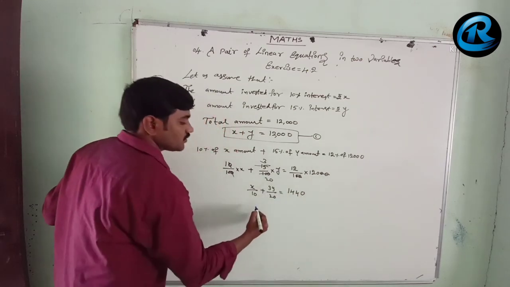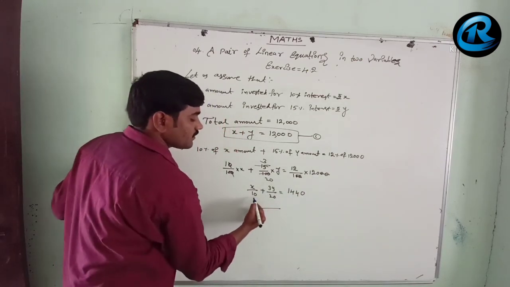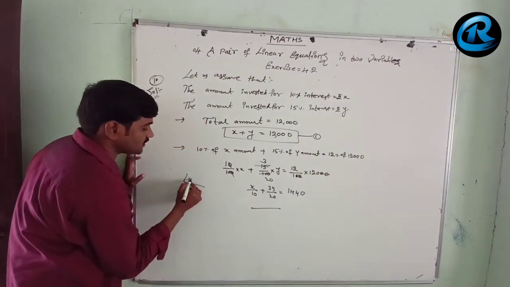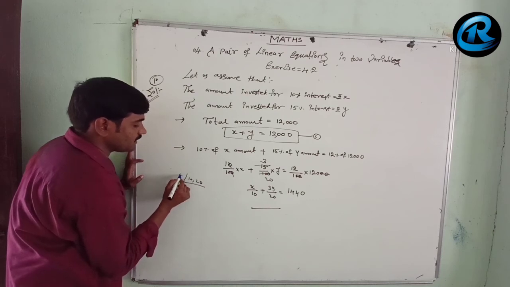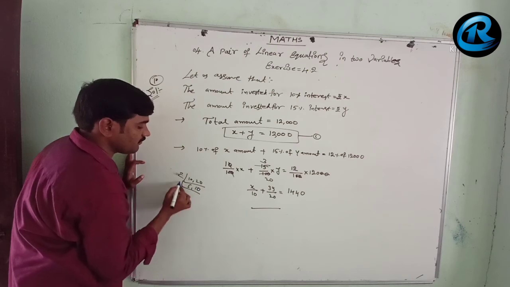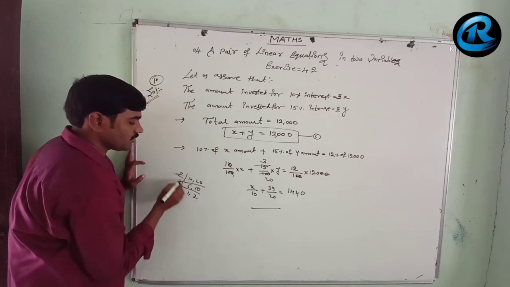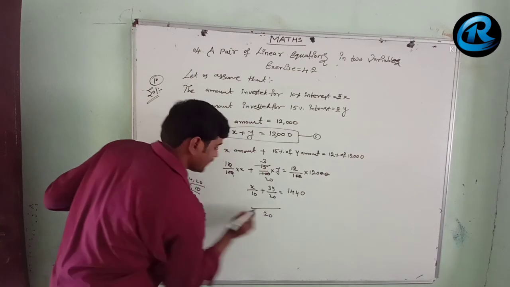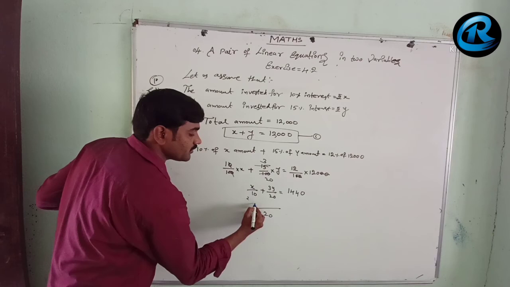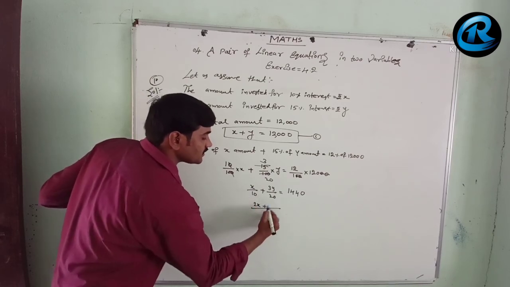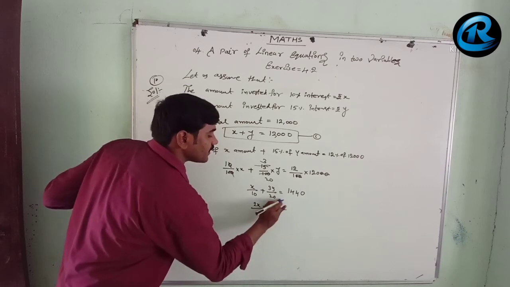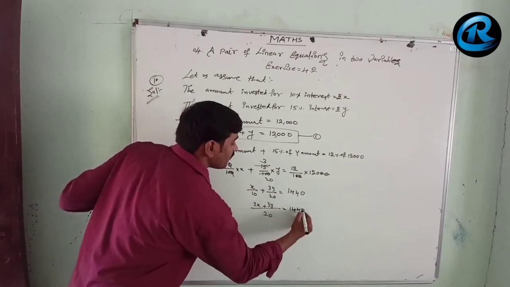Let us take the LCM of 10 and 20, which is 20. So 2 into X is 2X, plus 1 into 3Y is 3Y, that equals 1440.